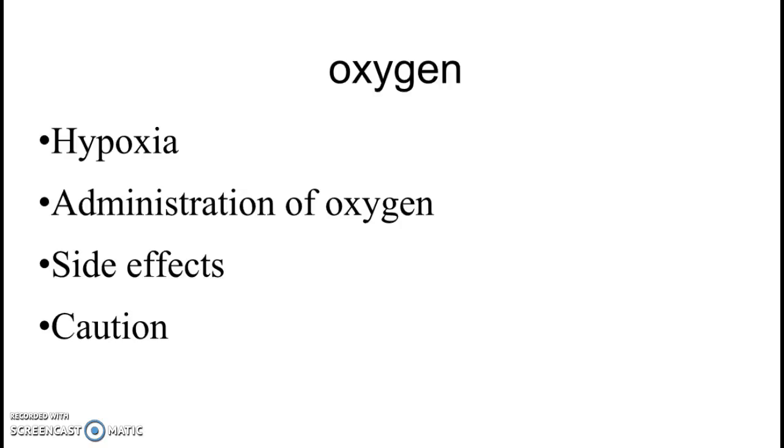And at rest, most people are a little bit more reliant on the CO2 drive, meaning that when your CO2 levels get too high, it sends a message to your brain that you need to breathe and blow off some CO2. And so that's where we get our respiratory rate, which you should know by now is you want that to be like 12 to 20, right? It's the usual recommendation.